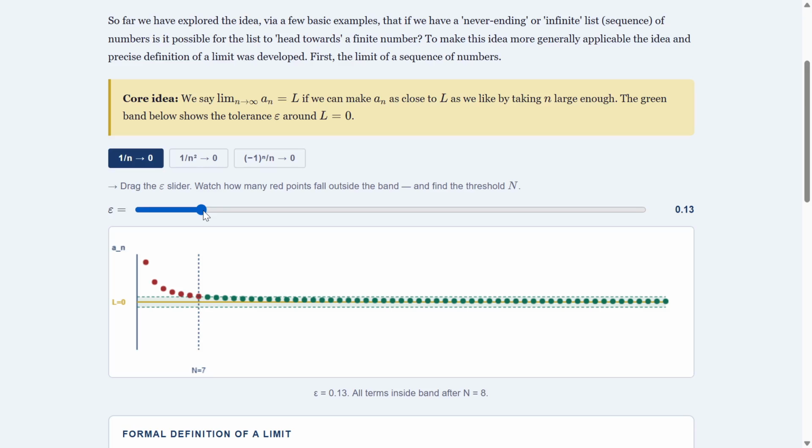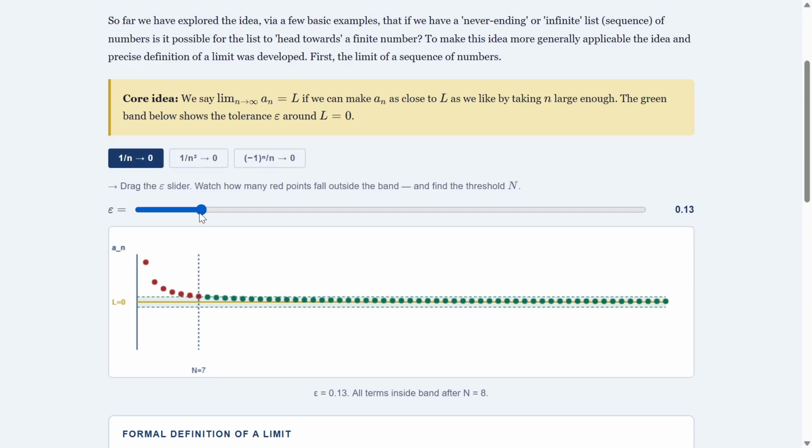And what's important is that it's not just the first number n equals 7 in the sequence, but all of the numbers after that lie within this tight boundary around our limit L equals 0.